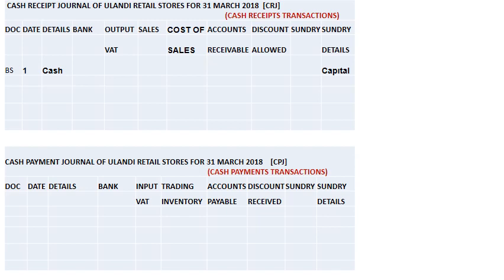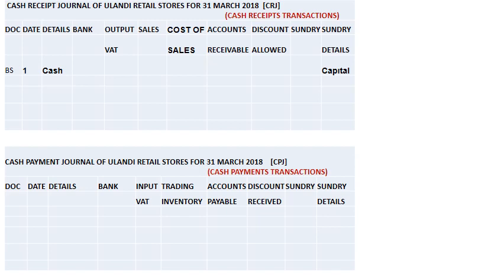Then the sales column excluding VAT, the cost of sales where perpetual inventory system is in use, the accounts receivable for accounts paid by debtors, then the discount column where discount has been allowed to debtors, the sundry column for amounts excluding VAT that will only be received once in a month. Next to the sundry column will be the column to write the account details of the sundry entry.